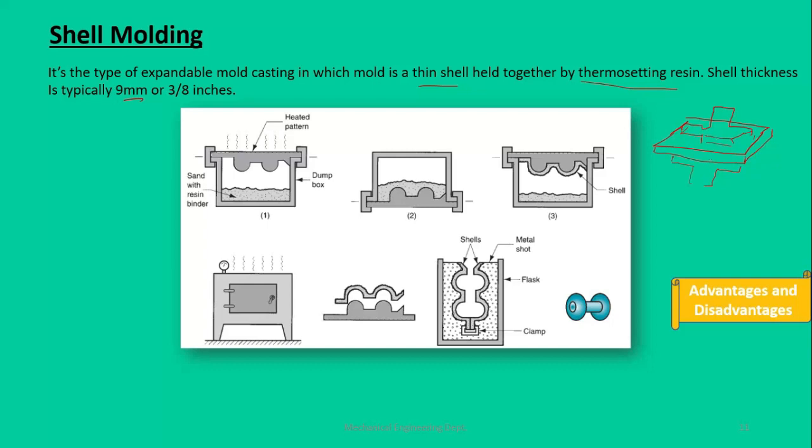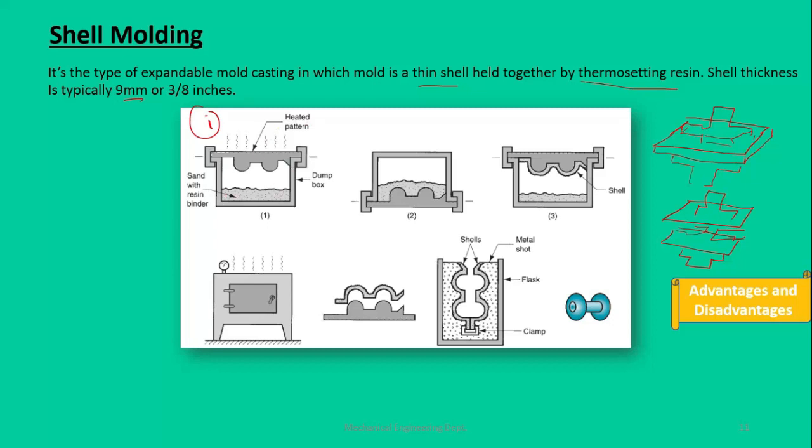Or we use the cope and drag pattern, in which we have separate plates for the cope and drag parts. The cope part is attached to a separate plate while the drag part is attached to another separate plate, so we can have some cores or other internal features. So in shell molding, we have a match plate or cope and drag pattern, and in the first step we heat the metal pattern and place it over the flask.